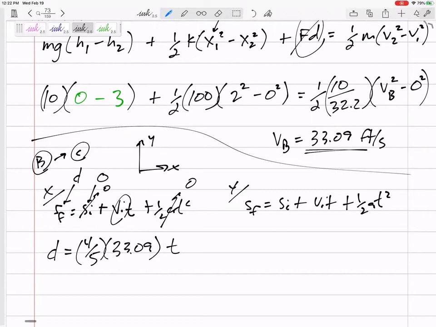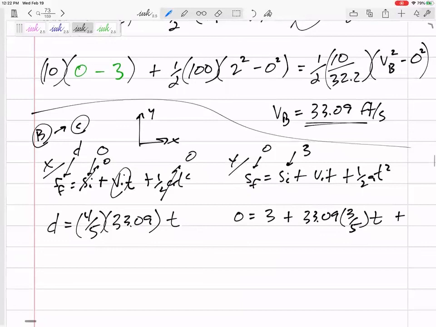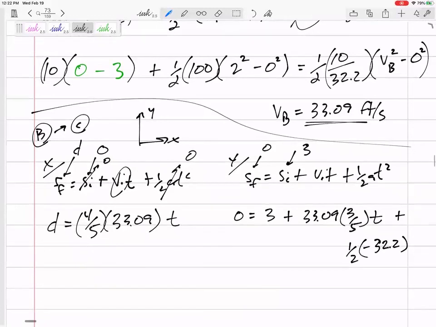Let's go to the y equation. I would say it starts at 3, it ends at 0. 0 equals 3 plus its initial 33.09, the 3/5 component, times t, plus 1/2, and now negative, we're in English units, negative 32.2 t squared. Why did I put that negative?